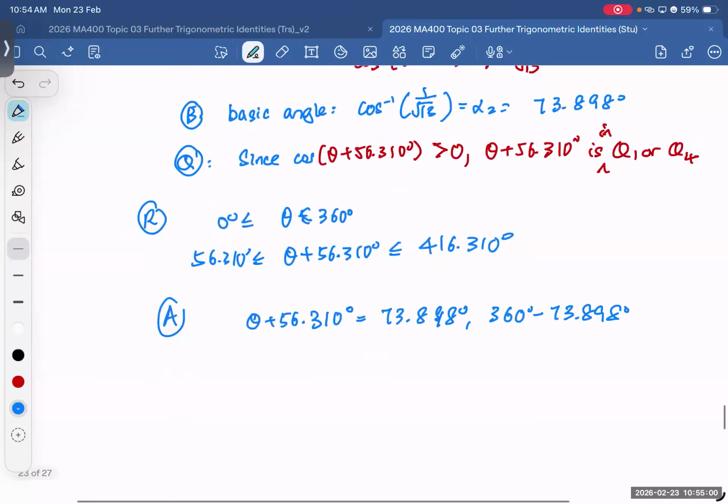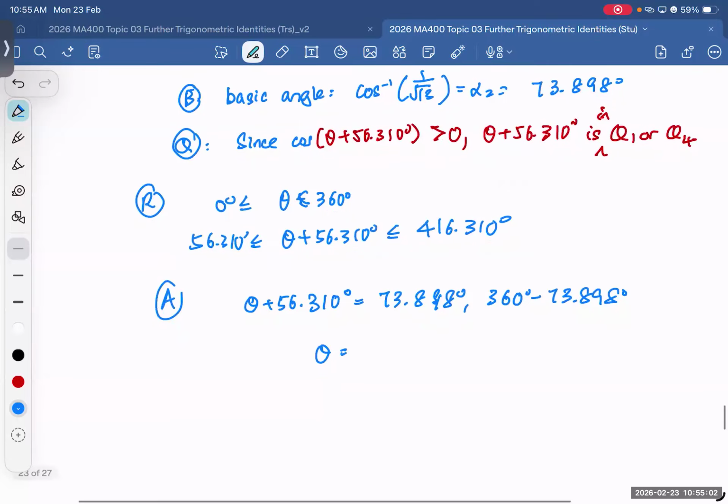All right, and theta plus 56.31 will have to be, sorry, wrong. So theta will just be 17.6 or 229.8.